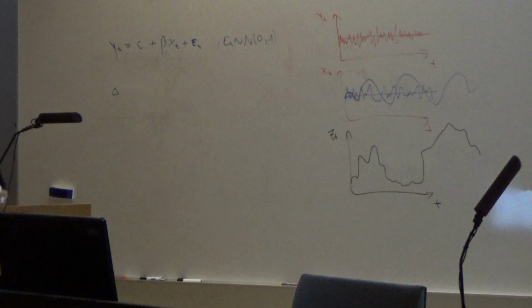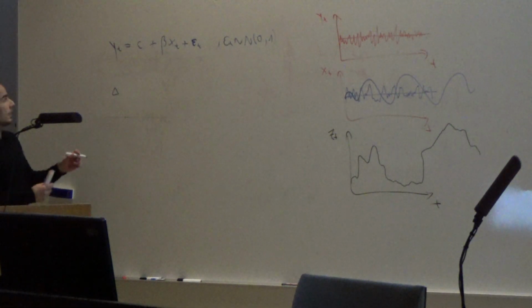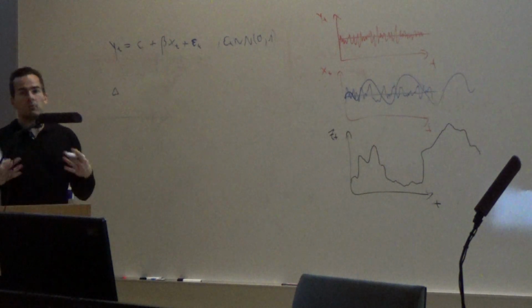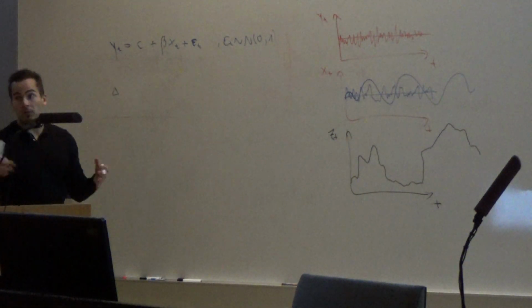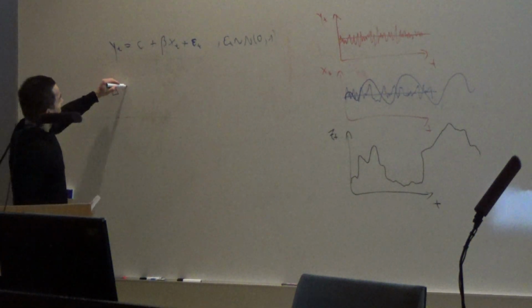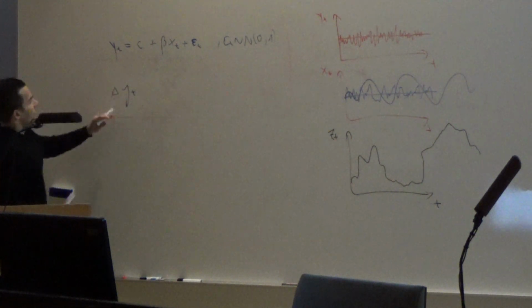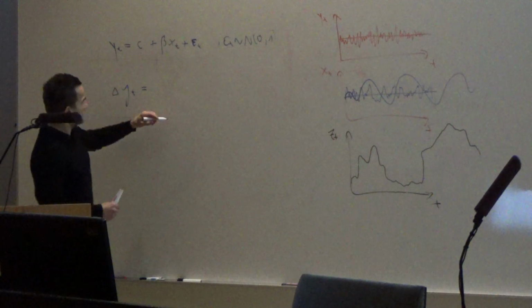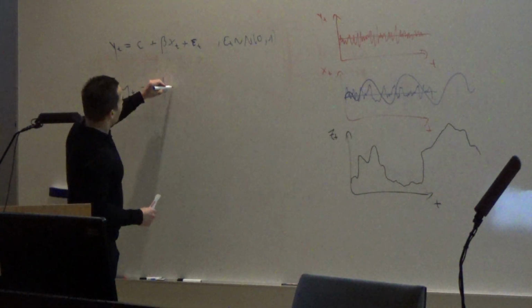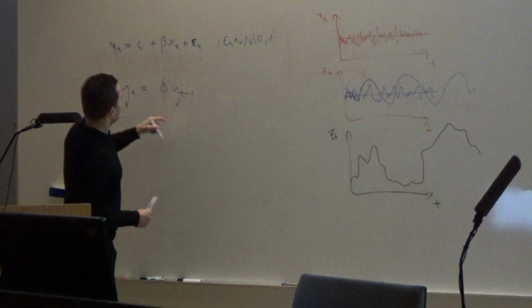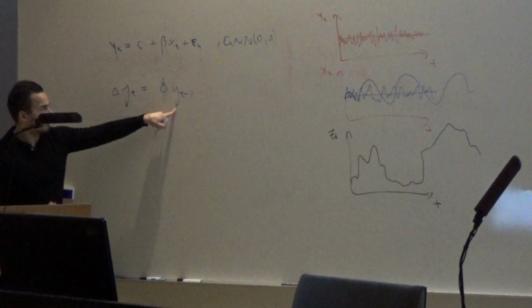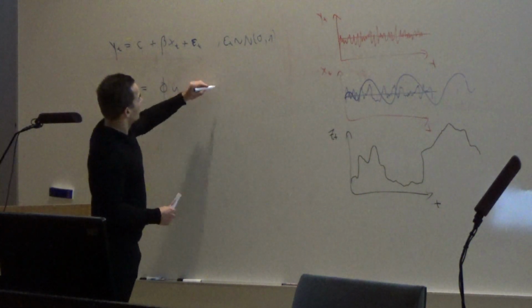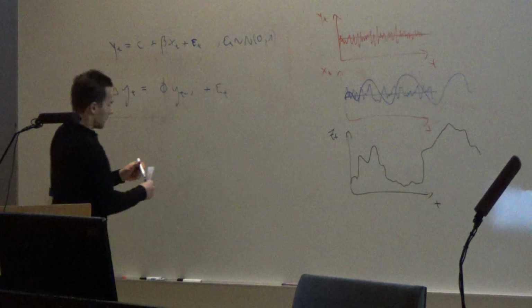Then eViews spits out the result. In essence, you can also do it manually, or in MATLAB or in R if you like R. What you do is regress the difference of each variable on the lagged variable, which is not differenced, including an error term, of course.